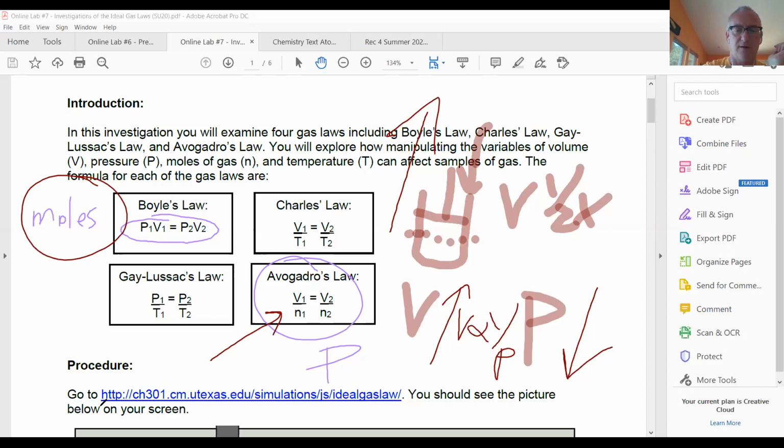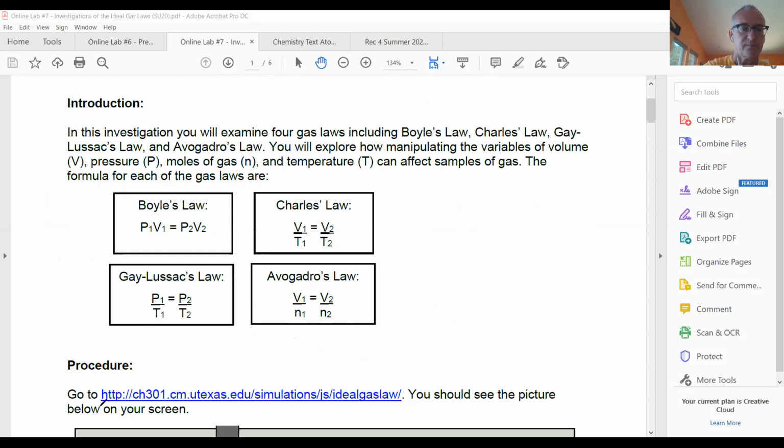So if we have a piston and we push it down, we make it a smaller volume, the pressure is going to go up. And if we make a larger volume, the pressure is going to go down. So we're going to do that experiment as well. And then Charles' law came along.